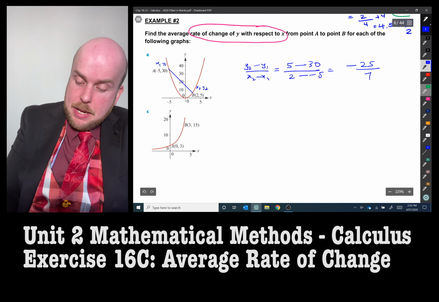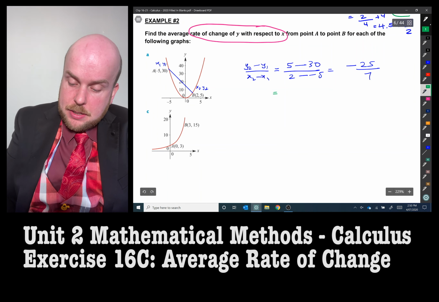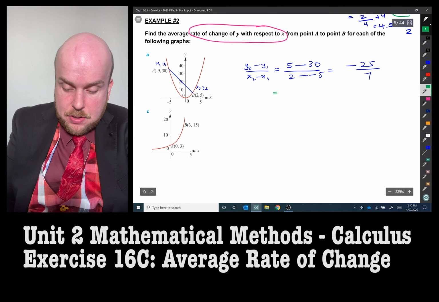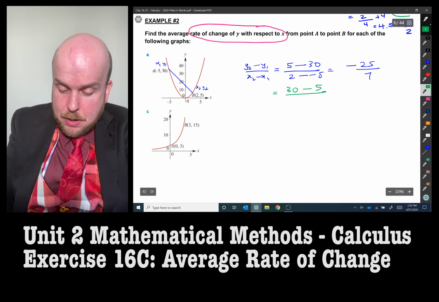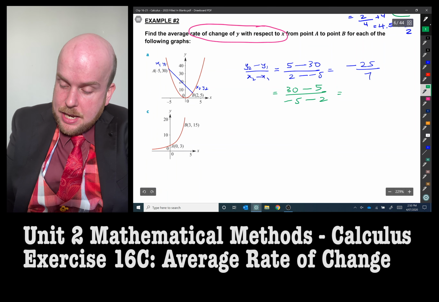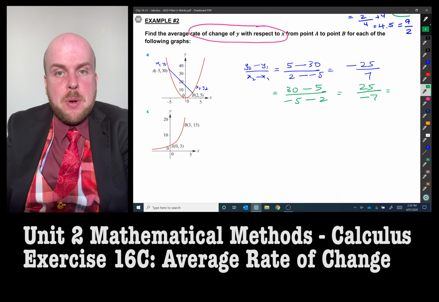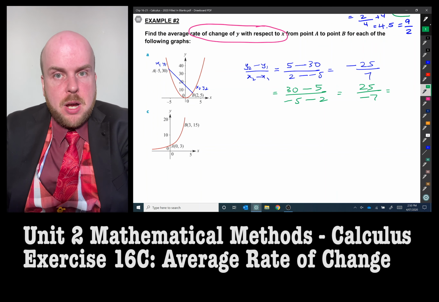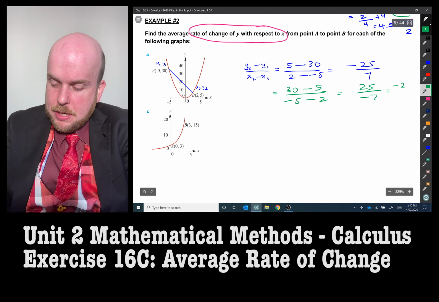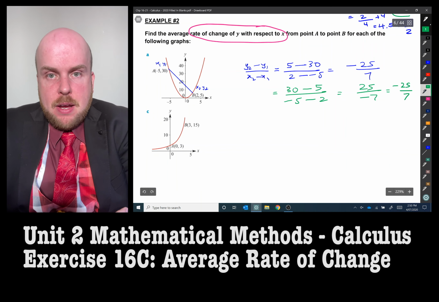I will get the same answer if I swap the numbers around. So rather than the 5 and the 2 there, if I made that 30 take away 5, and I did negative 5 minus 2, I still get 25 over negative 7. And as you might be aware, if the negative is on the bottom, just from a simple writing point of view, we just chuck it at the top anyway. So it's still negative 25 over 7.